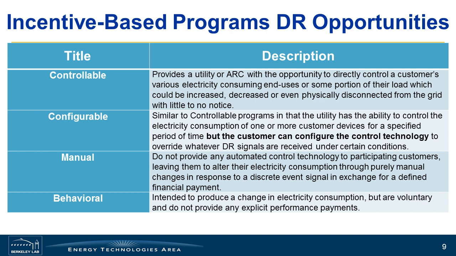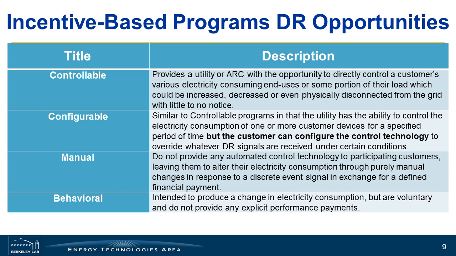And similar to the controllable would be configurable, which is the same type of idea, except that the customer can override or they can configure the control technology after a dispatch has occurred or even before if they have advanced notification. For example, if there's a programmable communicating thermostat program and the utility triggers an event to change the set point on that thermostat, the customer typically has the ability to go and override that control technology.